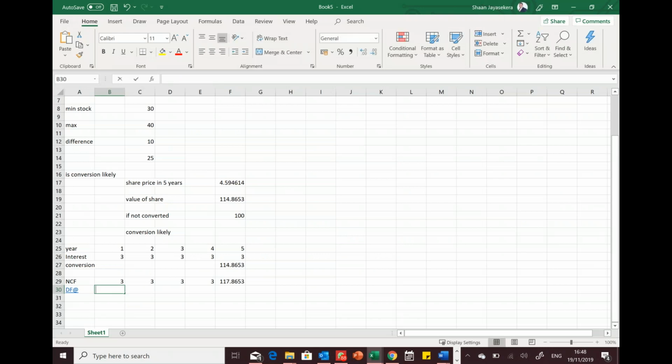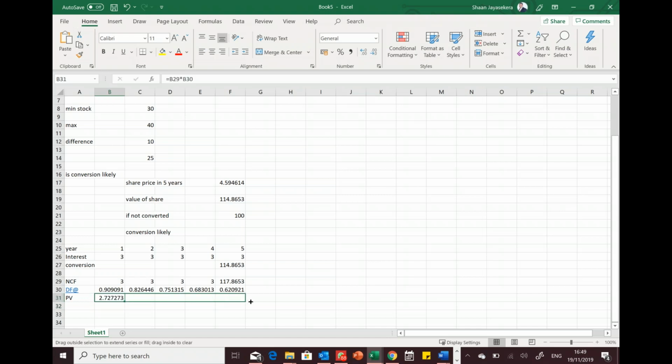That's equal to 1 divided by 1.1 to the power of 1 and so forth. So these are my discount factors. This is a very convenient way I work it out, because as soon as I take it to the power of this, if I drag this across, I will just get all the discount factors. So the present value will now be equal to this figure into this.